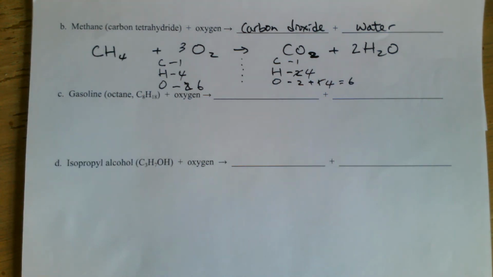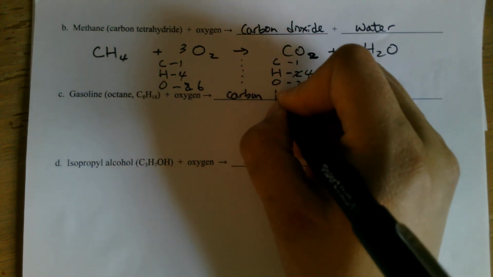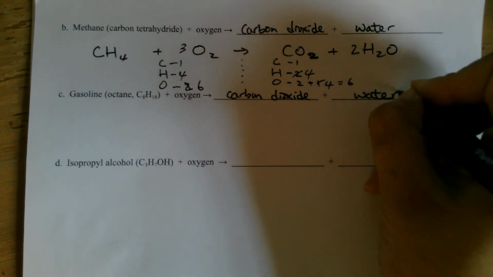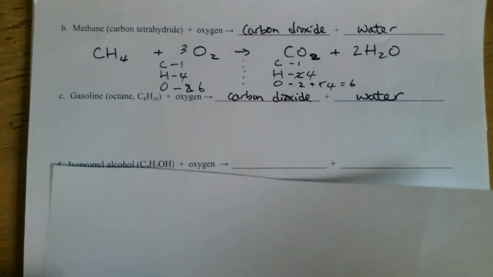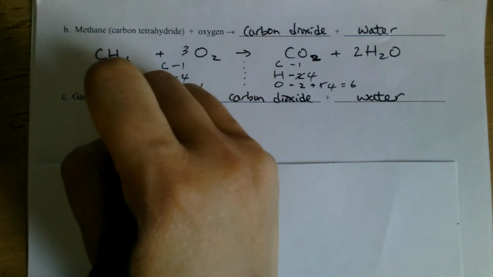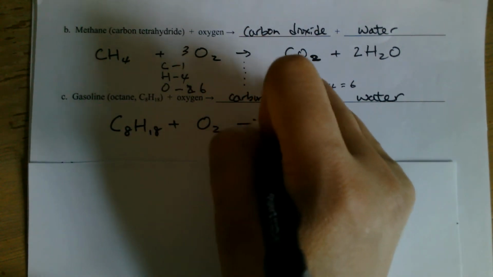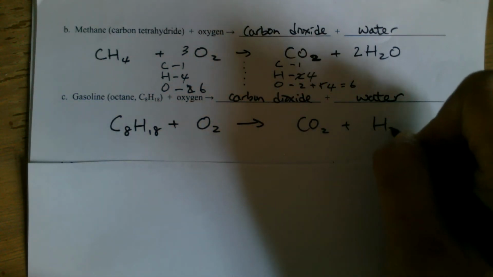Alright, so for C, we have carbon dioxide and water for our products again. To balance this is a little bit longer, so we're going to write our formula first. We have C8H18 plus O2 yields CO2 plus water.